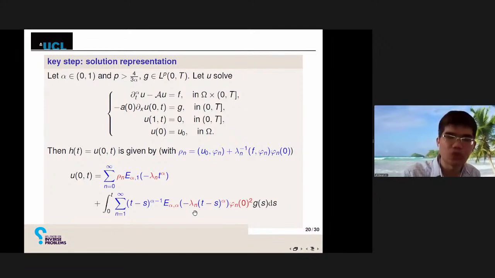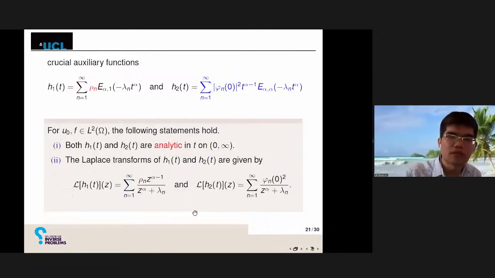It turns out that both functions are analytic in t, and this is true because the Mittag-Leffler function is an analytic function. Furthermore, one can show that the Laplace transform of this function has a very simple form. Both of them can be represented as infinite series given here.